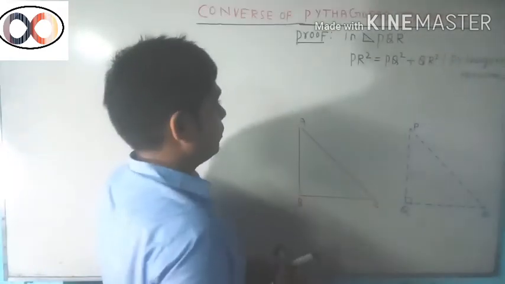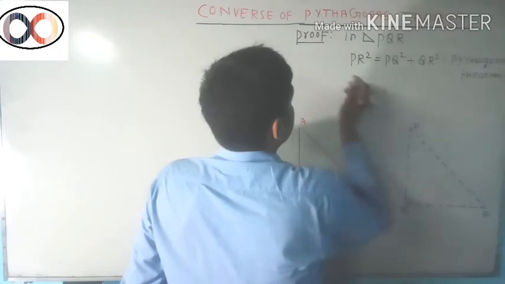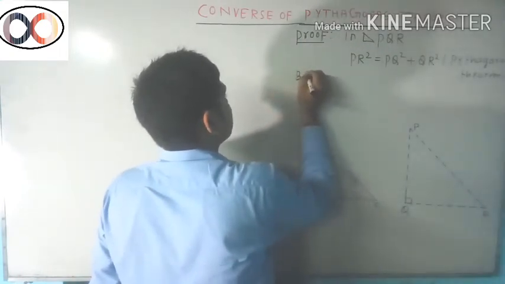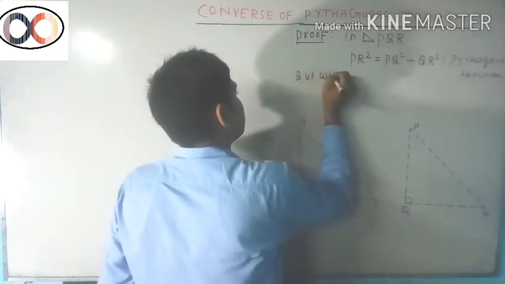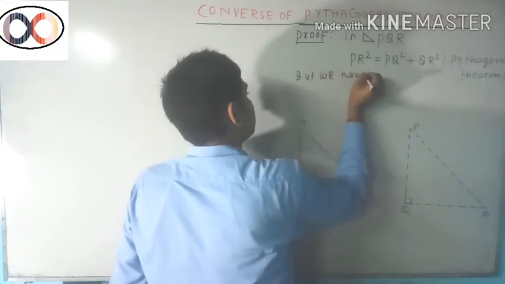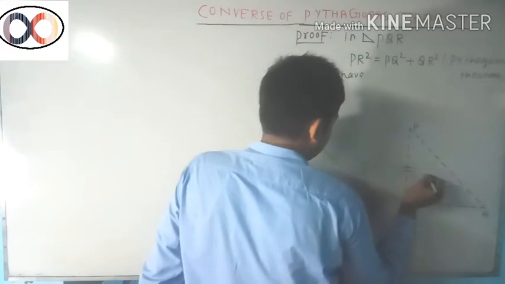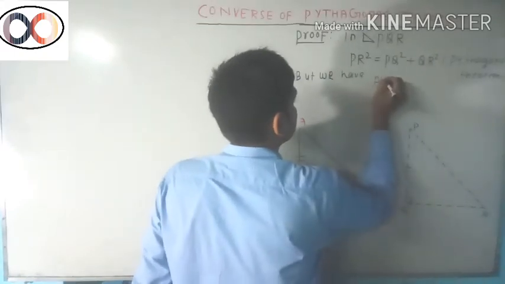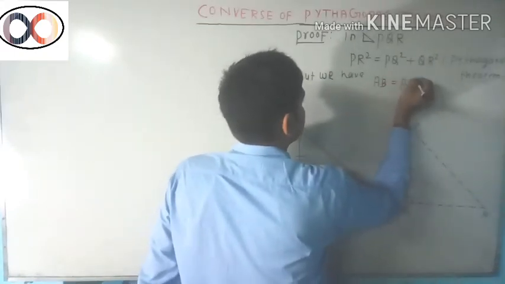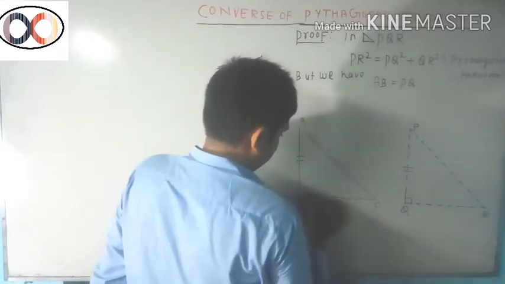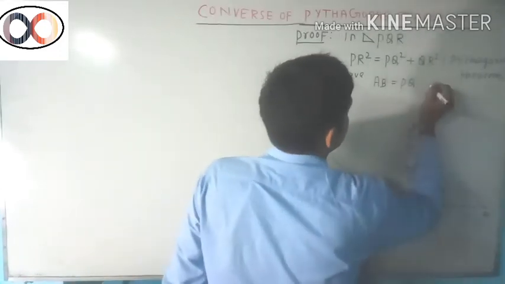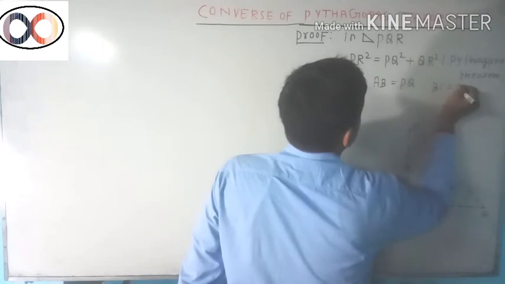But we have AB equals PQ, and BC equals QR.